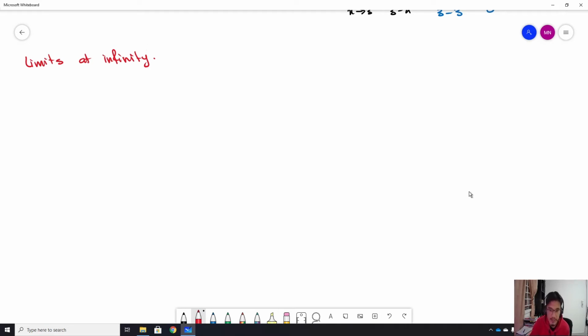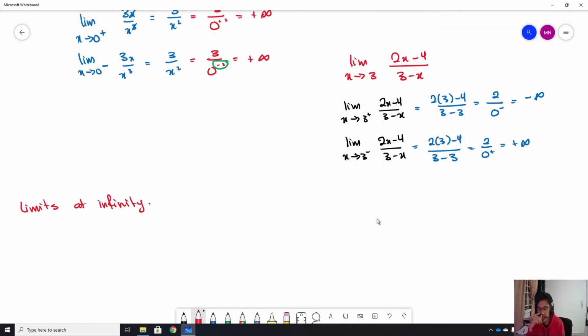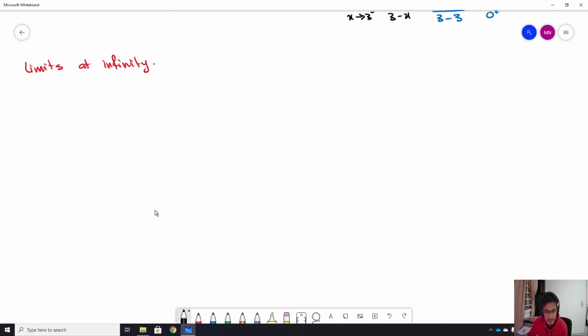For infinite limits, the limit is a real number, meaning 0, 3, 4 as in the earlier examples. But when we look at limits at infinity, the situation is different, where x is approaching infinity, not approaching any real number.